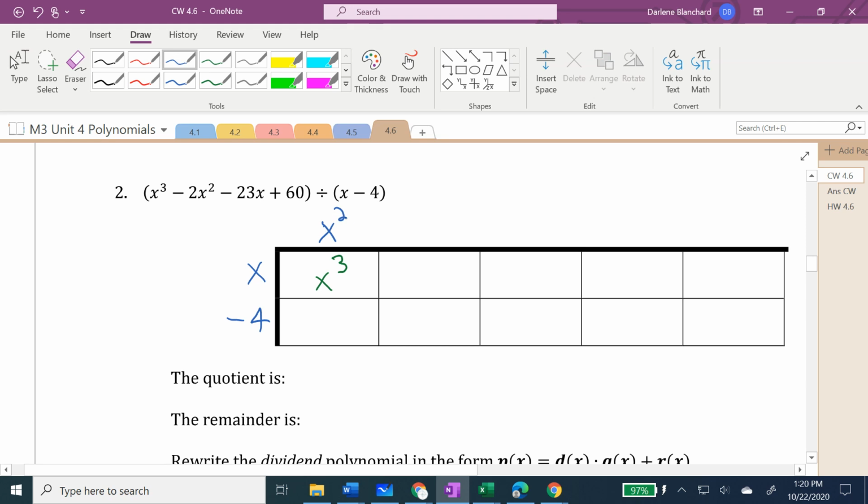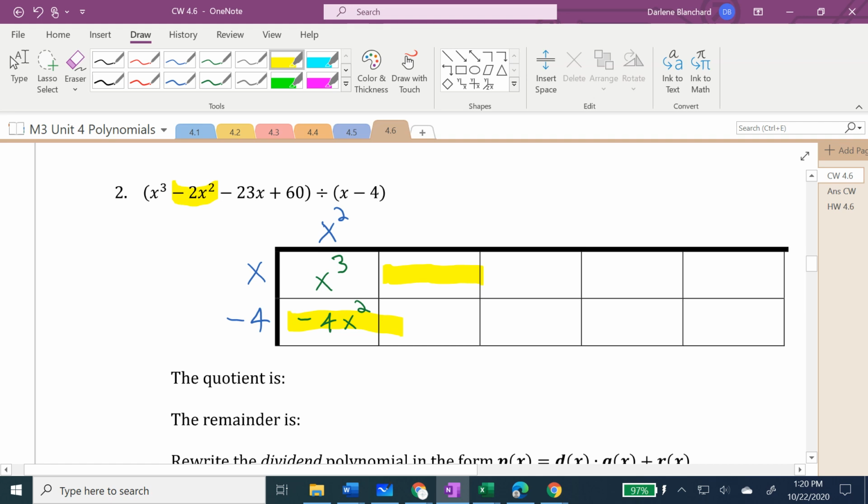And then I write it up here. And now I'm ready to do a multiplication. Negative 4 times x squared gives me. And then for the big step, this plus its diagonal have to add up to make the second degree term.